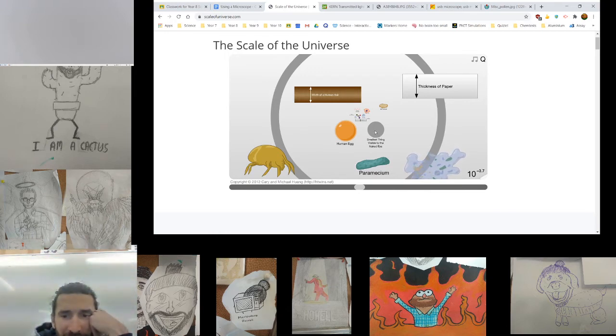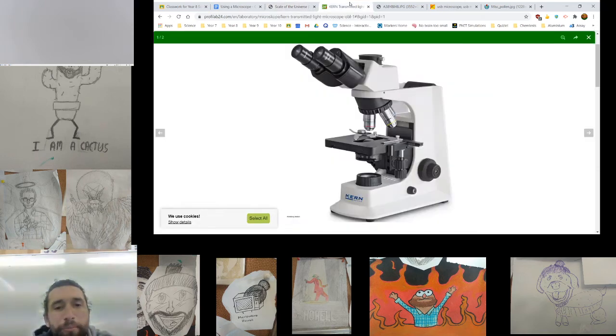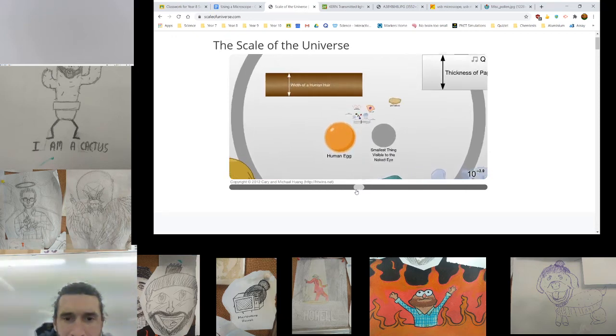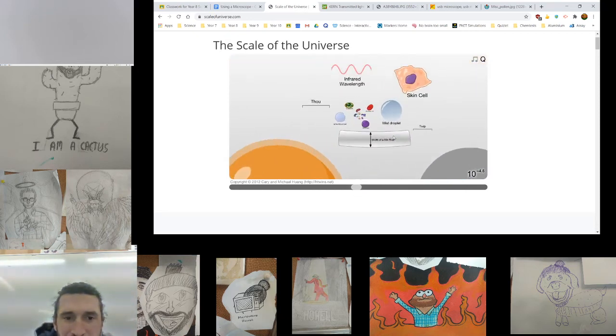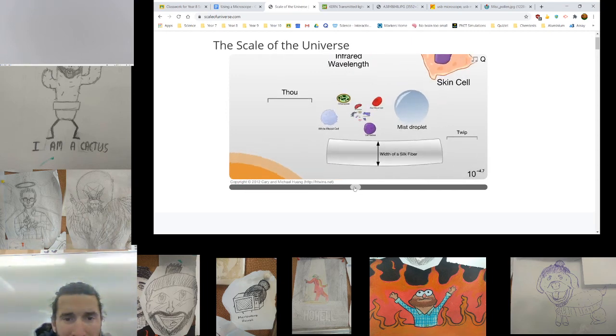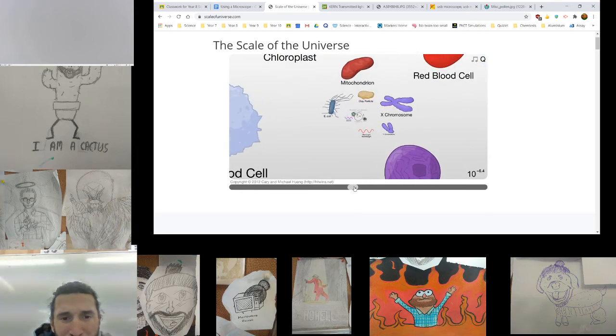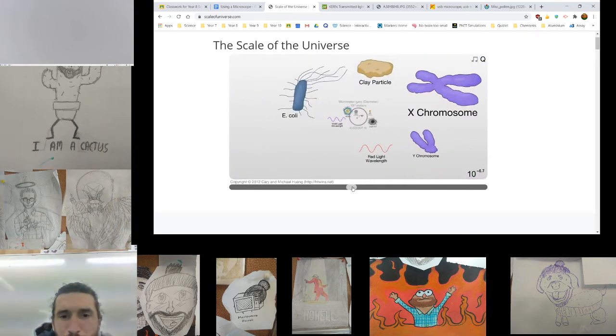Anything smaller than that is microscopic, and we can start using one of these microscopes, an optical microscope, to see them. So we've got stuff like a skin cell, red blood cells, white blood cells. These are things that can only be isolated with a microscope. You're getting smaller and smaller.